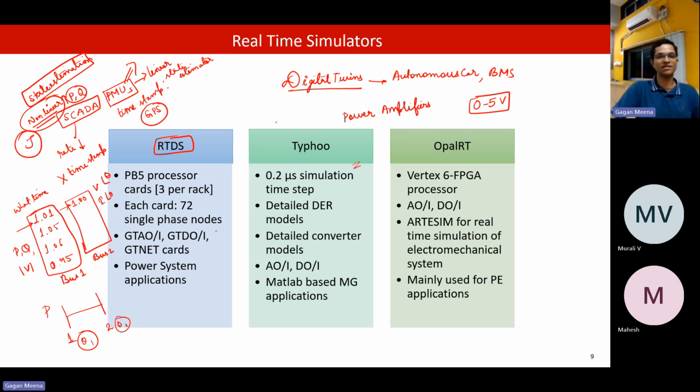Whatever input is there, let's say I want to take the voltage out and I have a relay. The relay requires both voltage and current signals, and then it will do the DFT. First, the relay will have an ADC block to convert these analog signals into digital signals, and will perform a DFT.